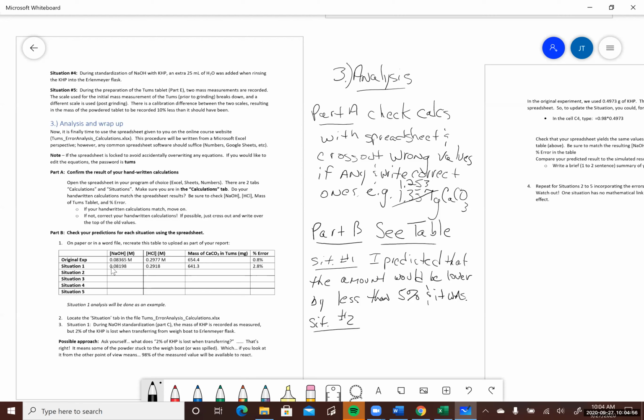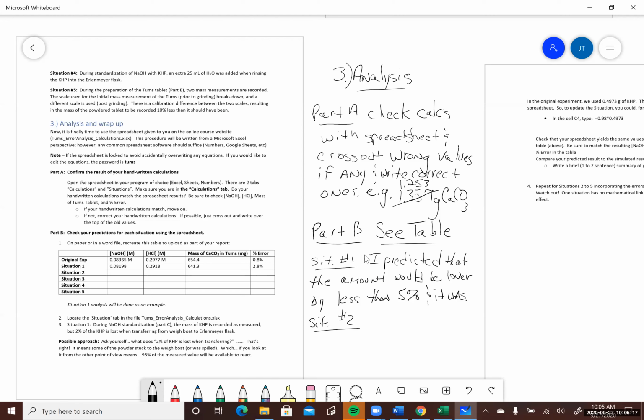And so I put in any changes that makes here, like 641.3 is the new mass of the calcium carbonate in the Tums, and the percent error increased to 2.8.